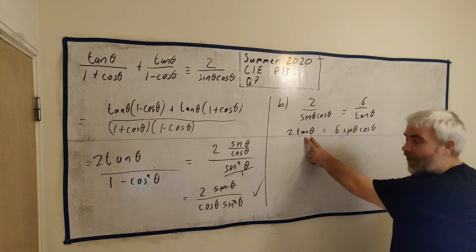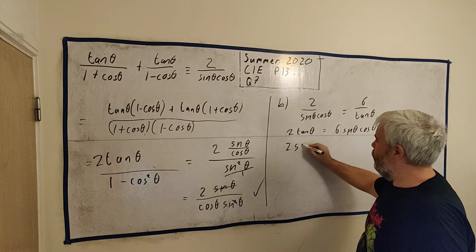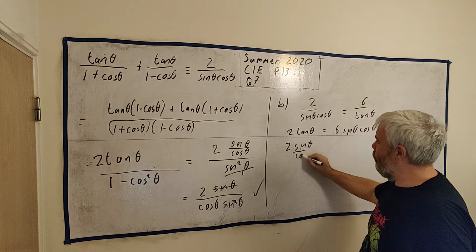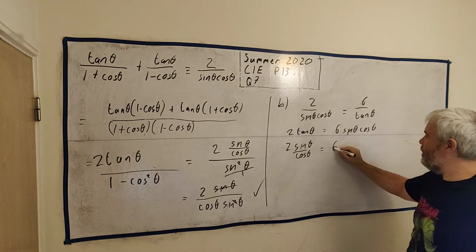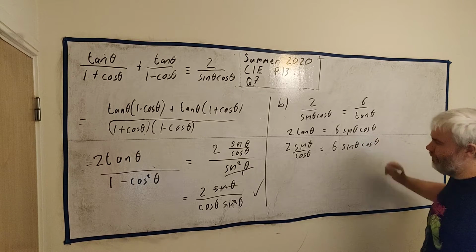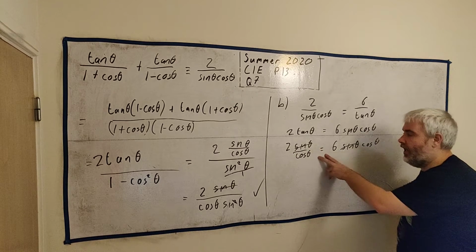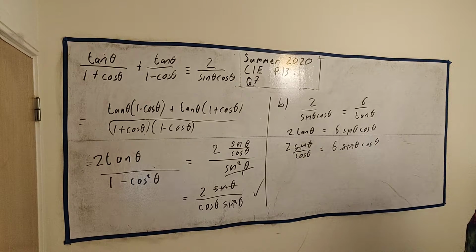Again, we already know what tan is. We'll change that into sine and cosine. 2 sine theta over cosine theta is equal to 6 sine theta cosine theta. Sine and a sine cancel, or divide both sides by sine is a better way to think of that.